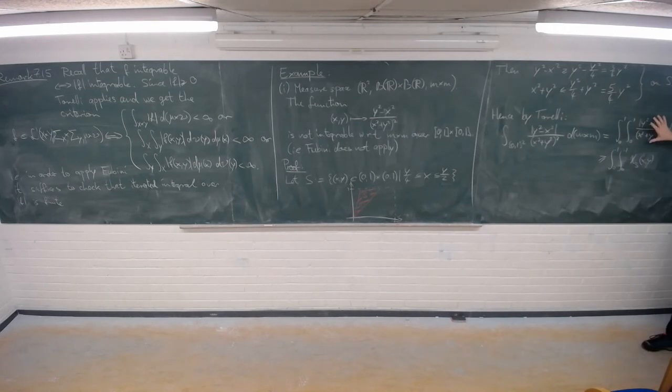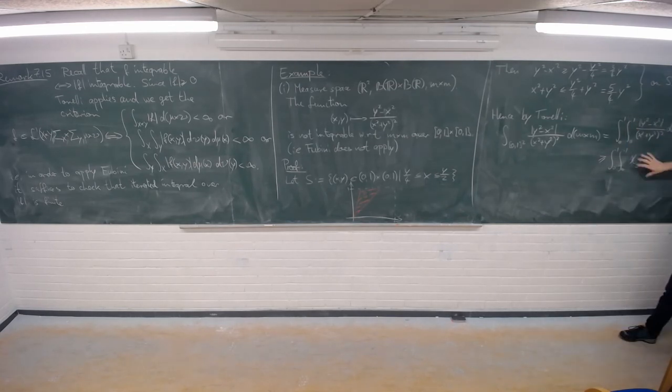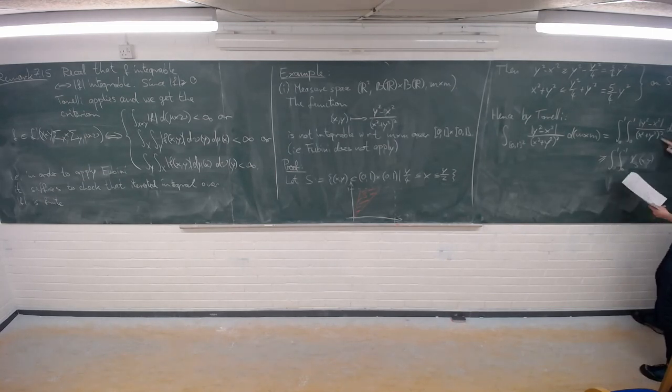So if we replace this integral by an integral just over S, we're only making it smaller. So that's the first thing we're doing. And then on S, we can replace the numerator by this and the denominator by that, because on S we have these inequalities. And again, we're only making it smaller. So this characteristic function of S means we're only integrating over S. And now we replace the numerator and the denominator by these two terms.